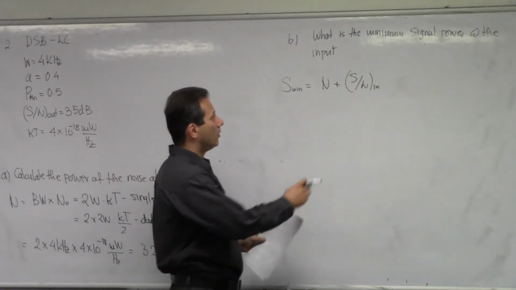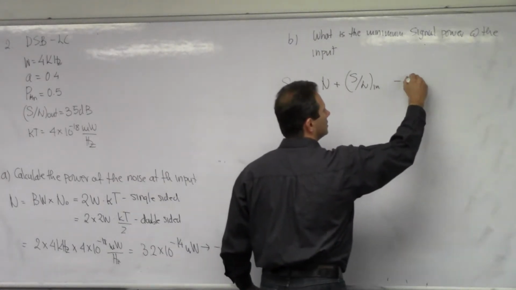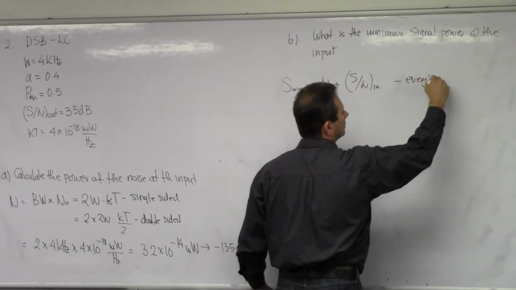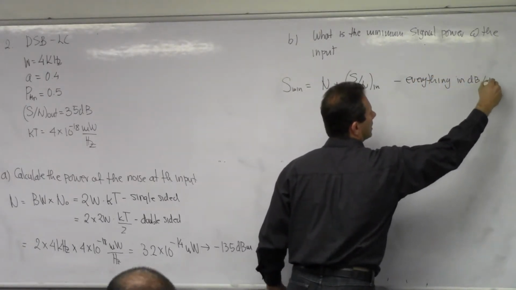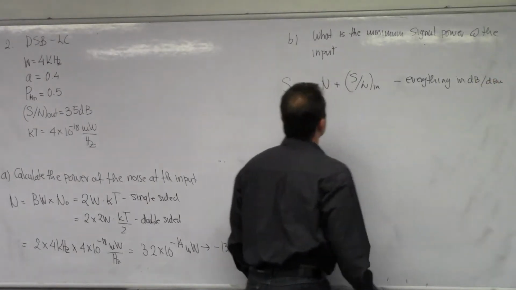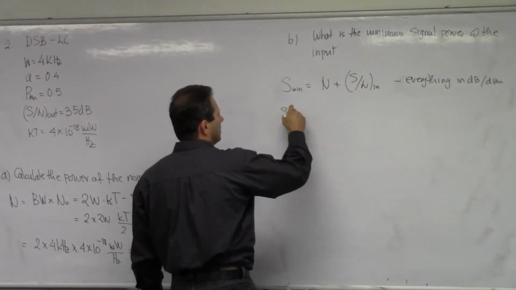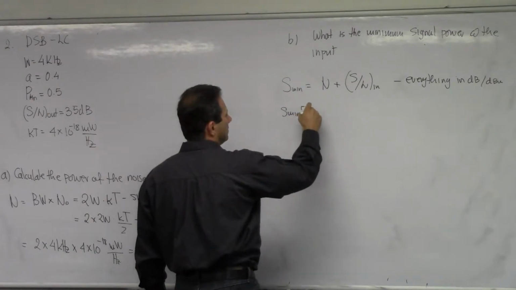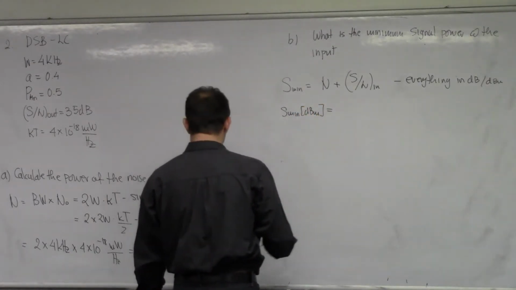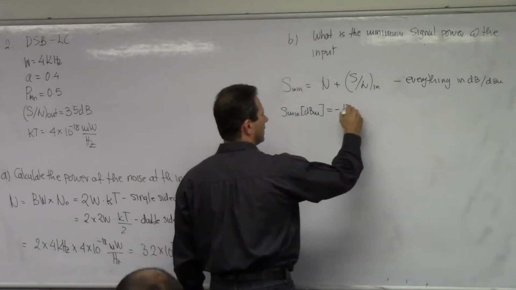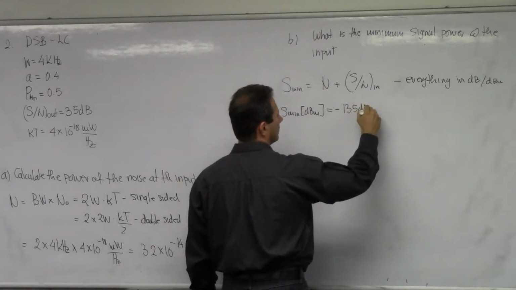Of course, everything is in dB or dBm. So S minimum in dBm is going to be the noise power, which is minus 135 dBm.